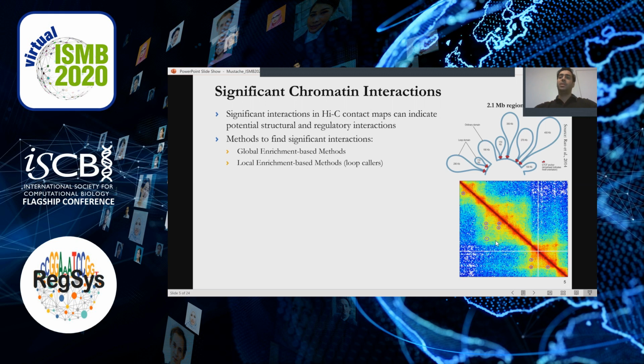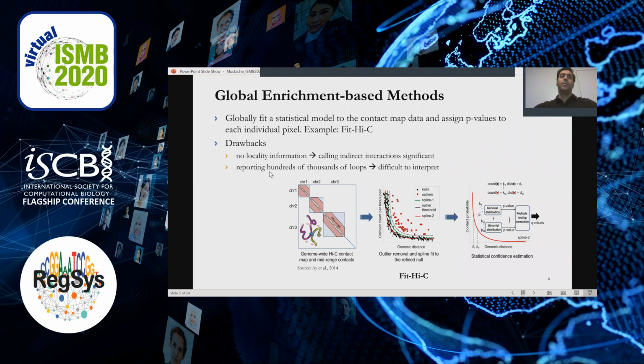Loops can be seen as strong blob-shaped regions in the contact map, and there are methods to find significant interactions in the contact map, which can be classified in two groups: global enrichment-based methods and local enrichment-based methods. The global enrichment-based methods globally fit a statistical model to the contact map data and assign p-values to each individual pixel.